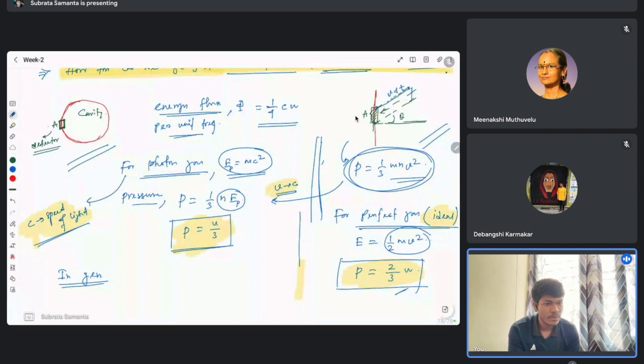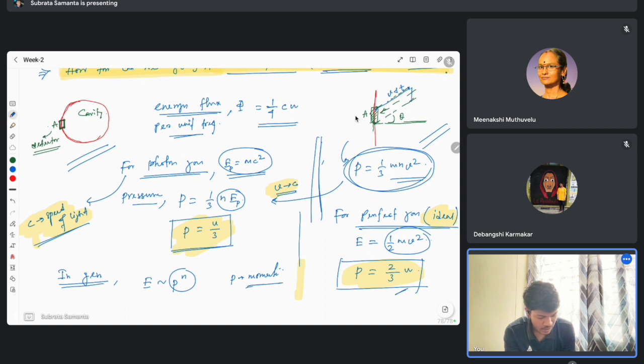This comes from the equipartition theorem, right? So if your dispersion relation, energy is proportional to, let's say, k to the power n. This k is a momentum, or p to the power n. So p is a momentum.